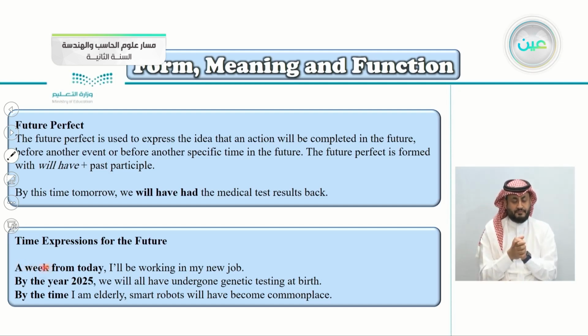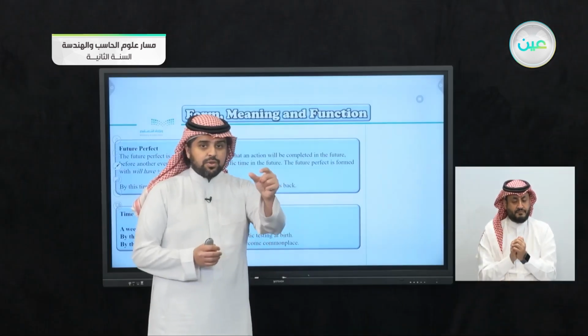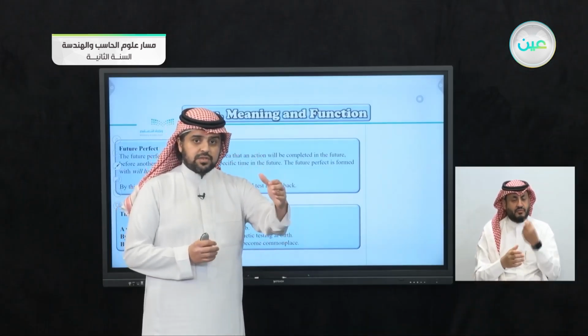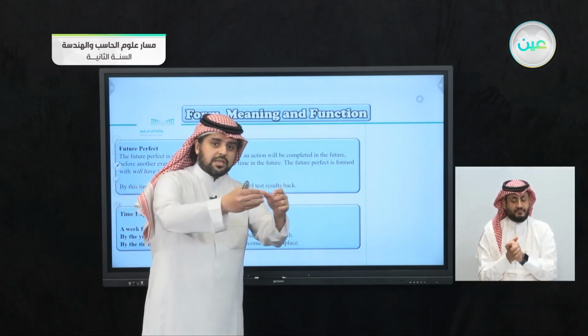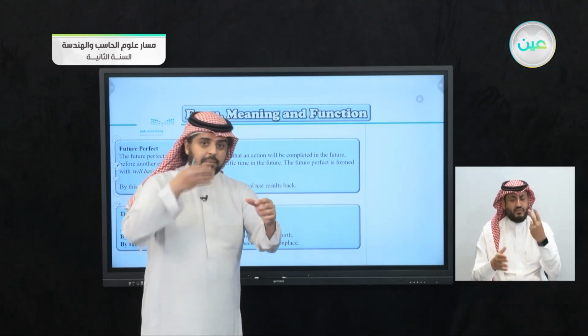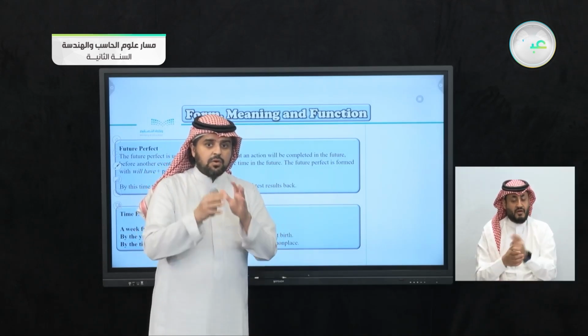A week from today. By the year 2025, we will all have undergone genetic testing at birth. So by the year 2025, which means the year 2025, we're talking about the future. It means when we reach the year 2025, by that time, this thing will happen.